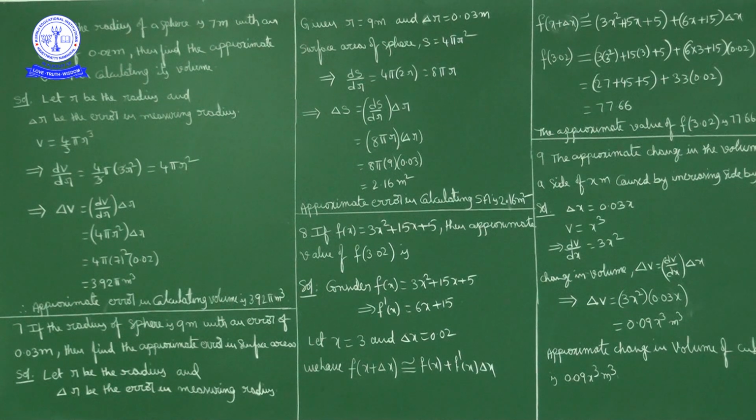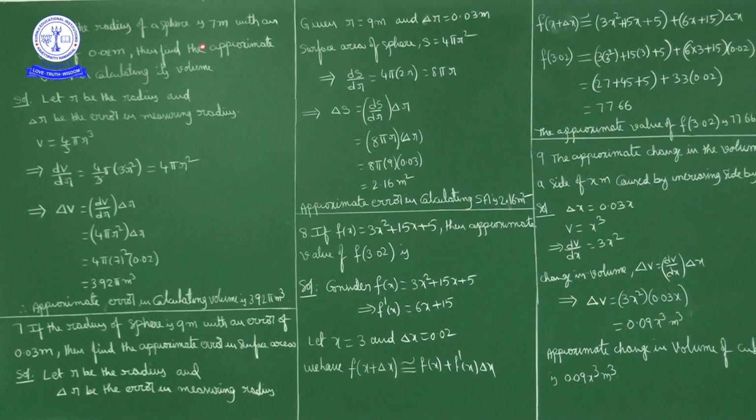Next, question number 6. The radius of a sphere is 7 meters with an error of 0.02 meters. Then find the approximate error in calculating its volume. What is given here?